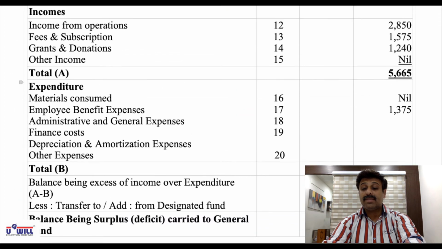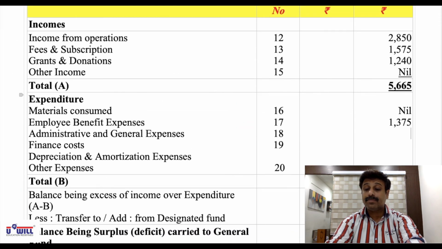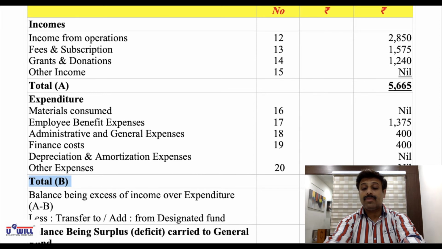So administrative expenses 400, finance cost 400, depreciation we don't have, nil, and other expenses we don't have, nil. So total will come to 1375 plus 400 plus 400, that is 2175.